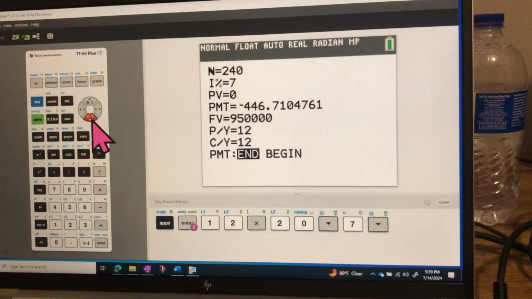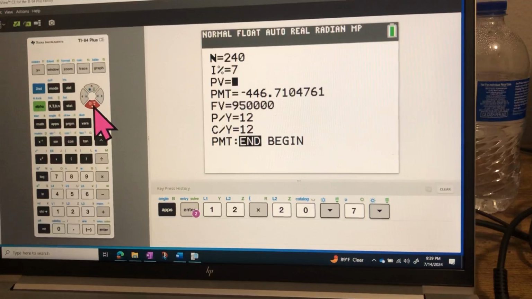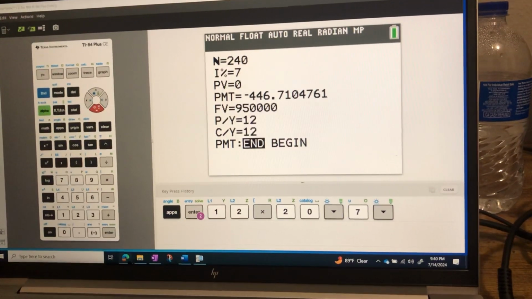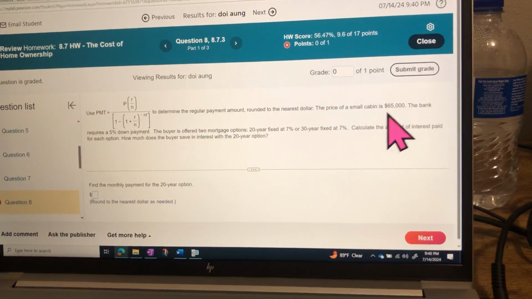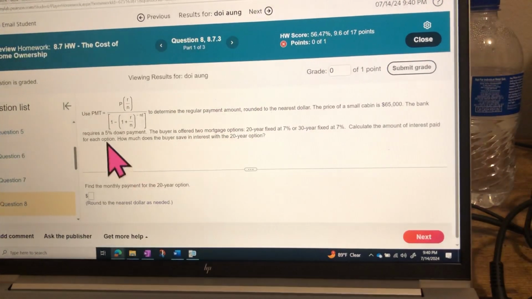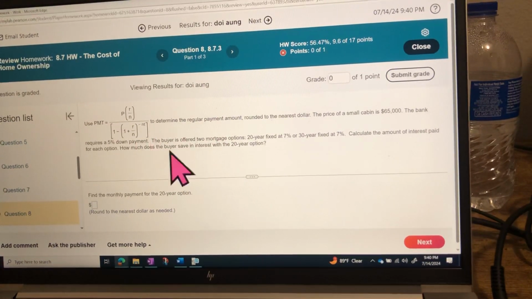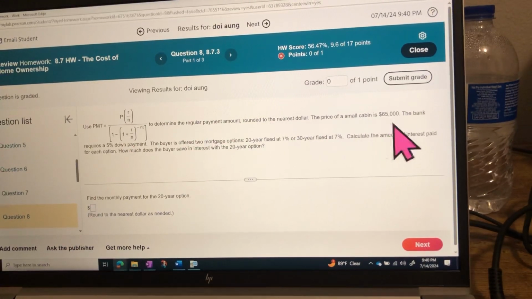PV, the present value of the loan, is the money you borrow from the lender. So let's see what the price of the cabin is. The price of the cabin is 65,000, and the bank demands a 5% down payment, so you need to borrow 95% of the price of the cabin.